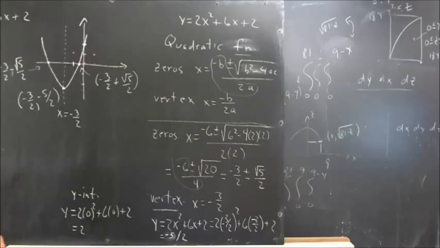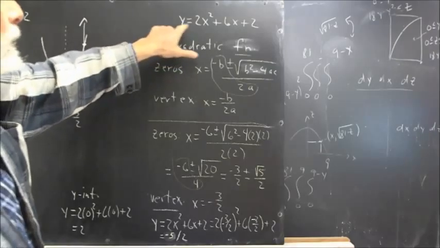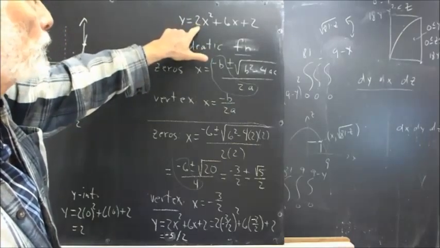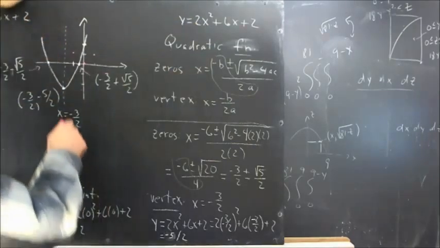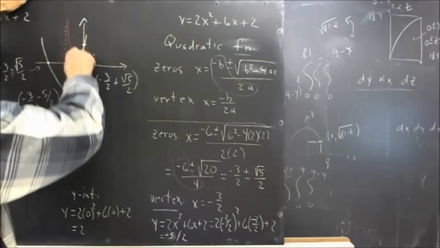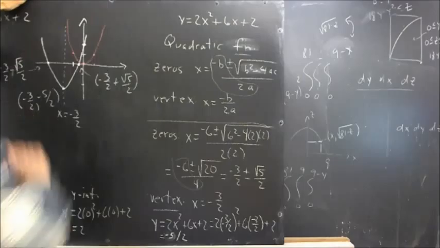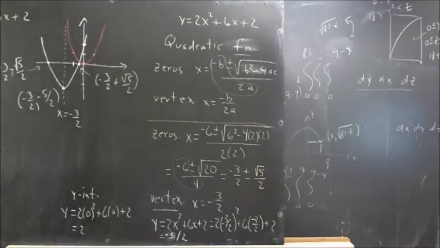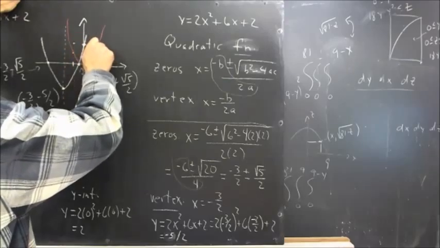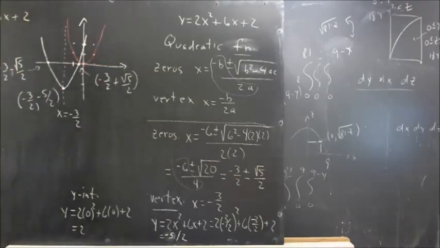In that case, you can always see that this is a translation and stretch of the function y equals x squared. So if this is our function y equals x squared, and we vertically stretch that by factor 2, we're going to have the 3 points.